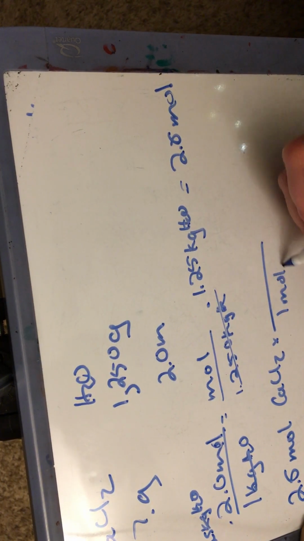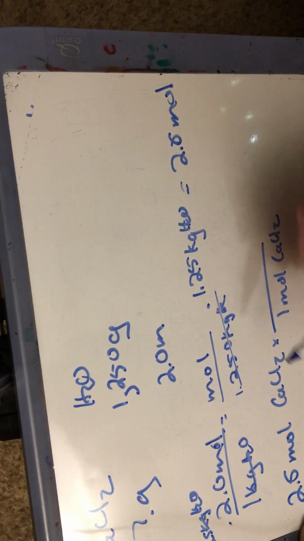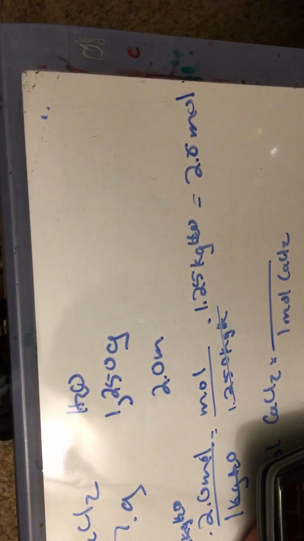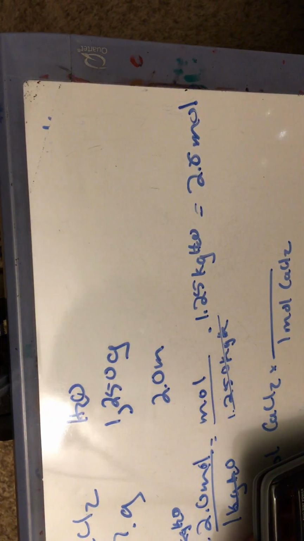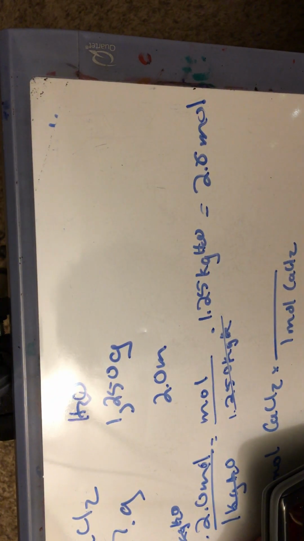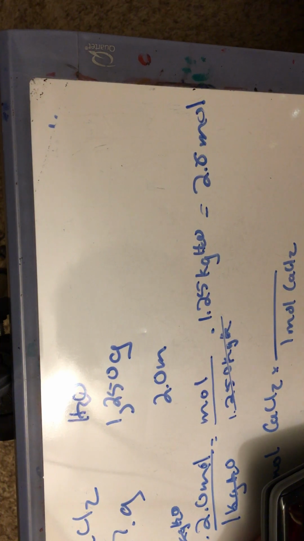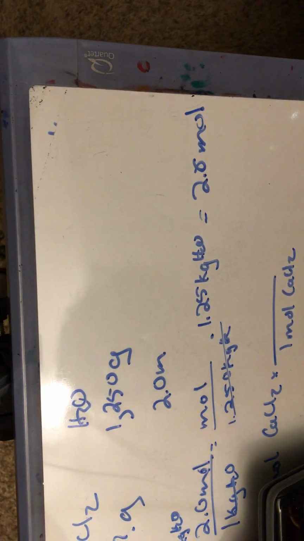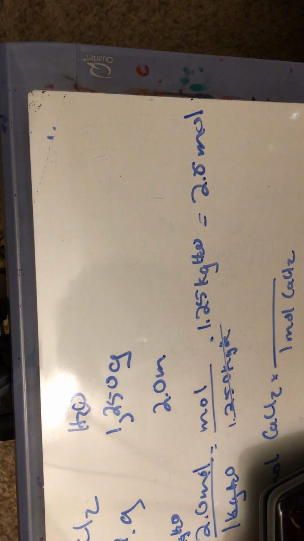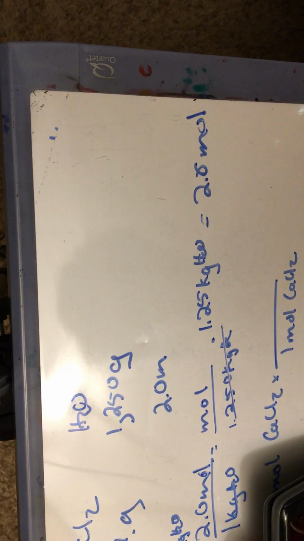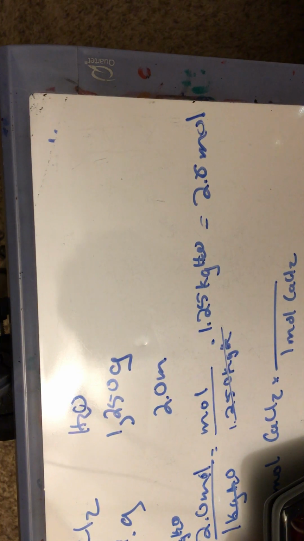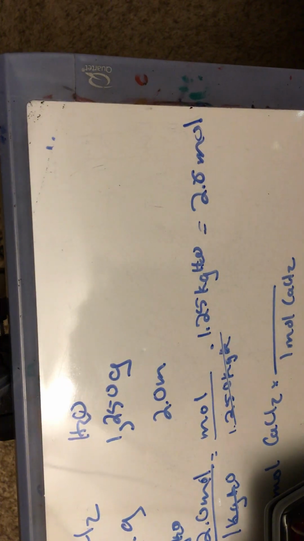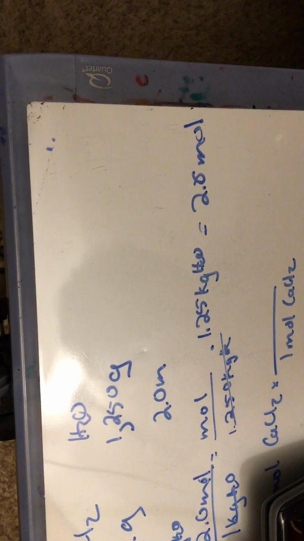Here's 1 mole CaCl2 equals chloride 35.45. And 40.08. Oh, wait, try that again. It's kind of late. So I'm having to do a few things over.